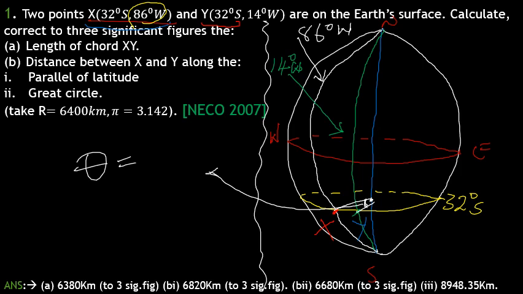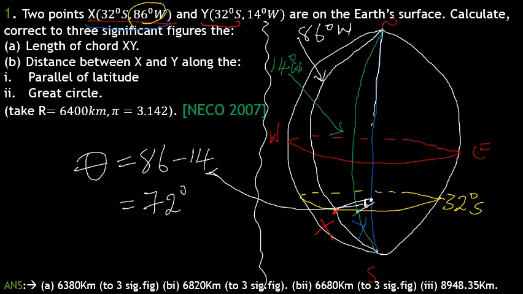If the two longitudes are on the same side of the prime meridian, and you can see they are on the same side, that means you subtract. So this is going to be 86 minus 14, and that gives us 72 degrees. This is our angular difference, our theta.